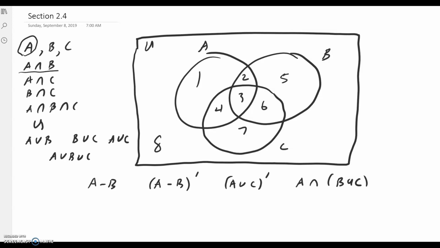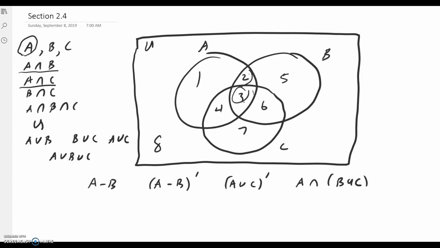If you're asked for the things that are in A and B, A intersect B, you look at the circle A and the circle B, and the 2 and the 3 are in both, so this would be the set containing 2 and 3. What about A intersect C? Do you see what it's going to be? It's going to be the numbers 3 and 4, because this is where A and C overlap.